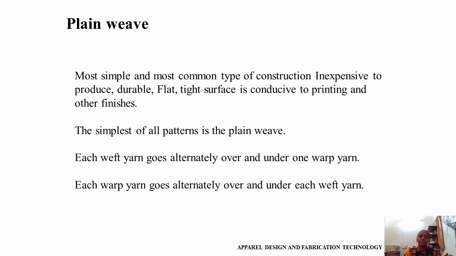Because it is the simplest and basic weave, the simplest of all the patterns is the plain weave. Each weft yarn goes alternately over and under one warp yarn and vice versa. That is, each warp yarn goes alternately over and under the weft yarns.